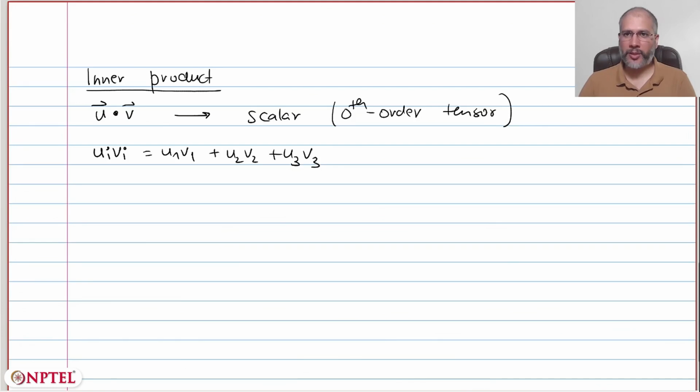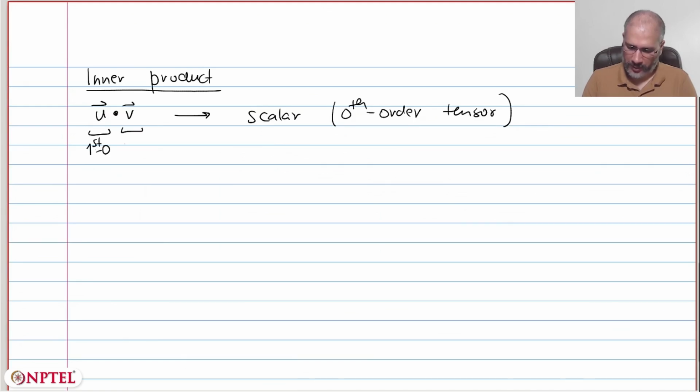So we will see some sort of a trend or a pattern here, and then we'll try to generalize. So u is a first order tensor or a vector. So I'll say order 1, first order. v is also a first order, and when we did an inner product between the two, we got a 0th order.